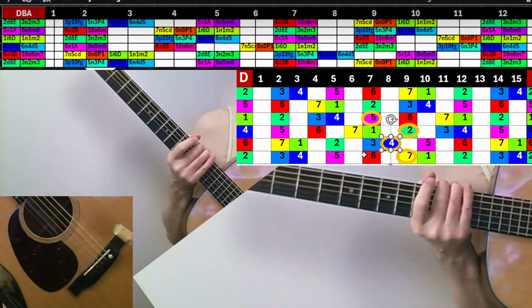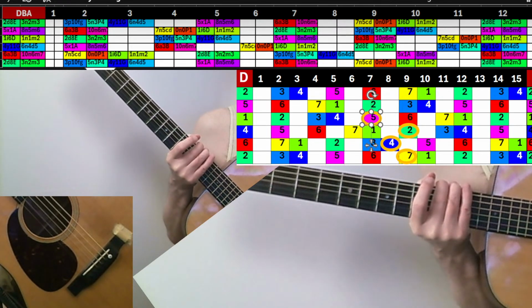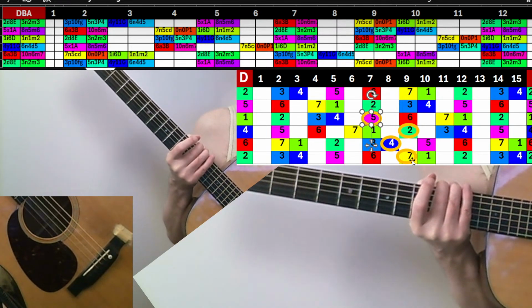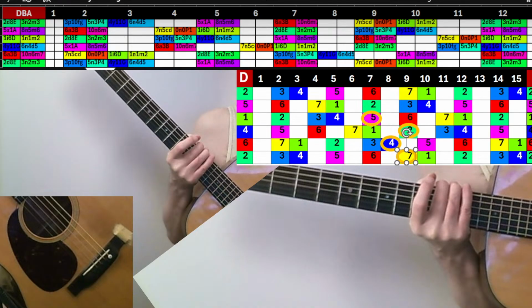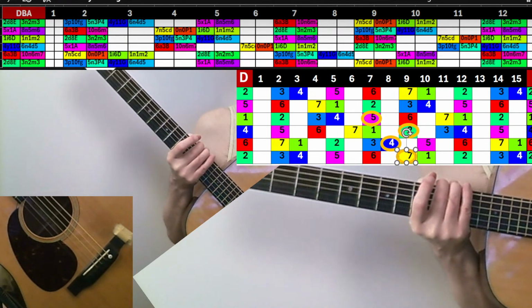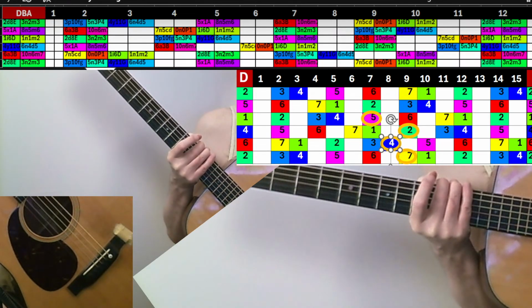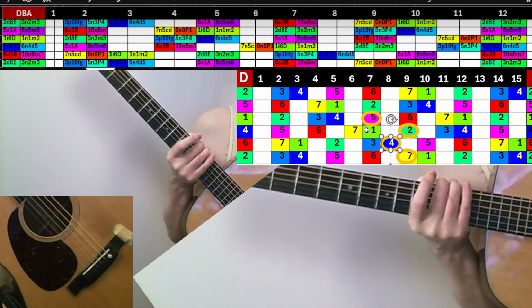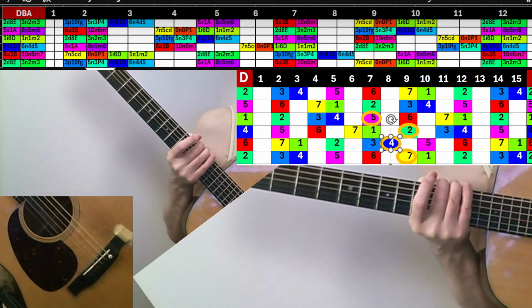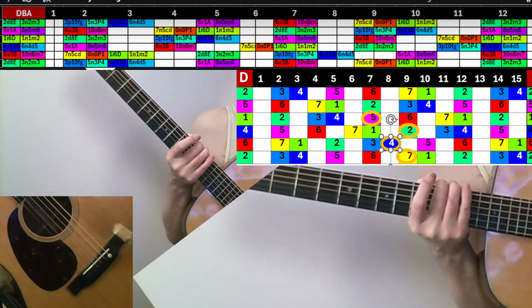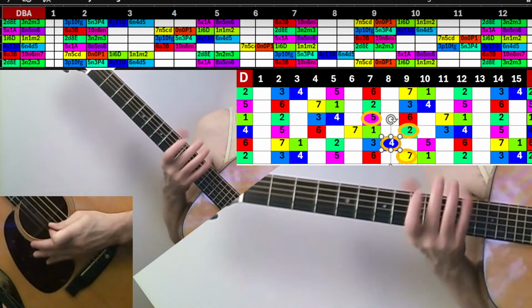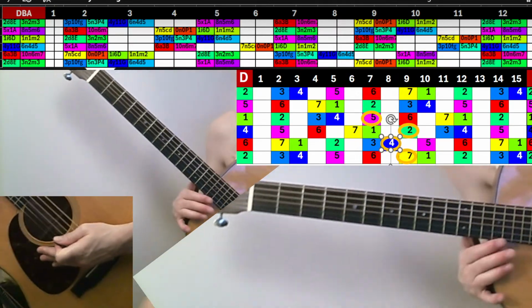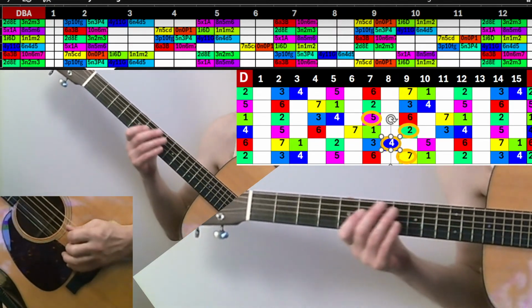So the nodes I'm really looking for is node number 5 that I'm on, and then the 3rd, which is the 7, and then the 5th is fine, but more important in the blues is possibly the 7, which is nodal point 4. So when I'm on Mixolydian, I'm looking for nodal point 5, 7, and 4 typically from the perspective of the Mixolydian node, to get that flavor, right?